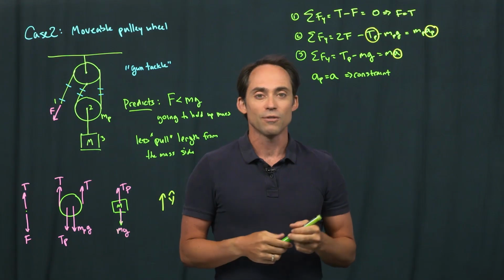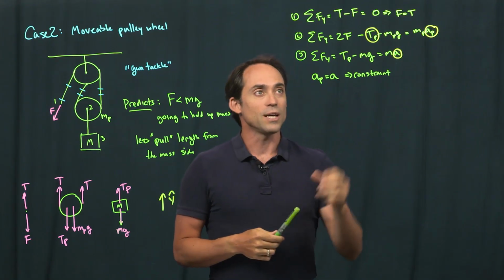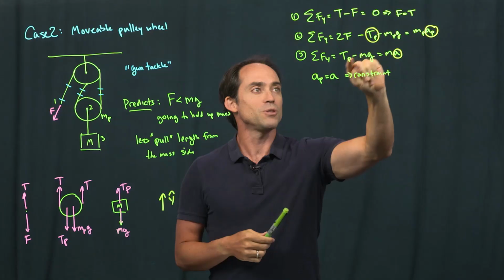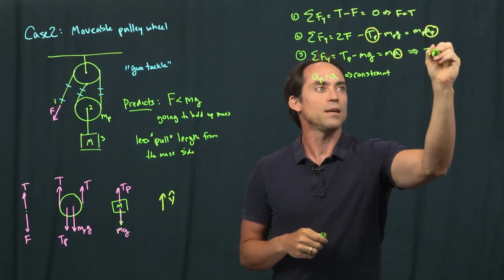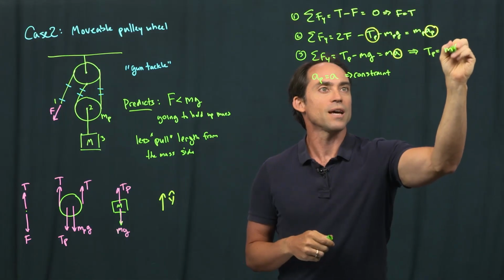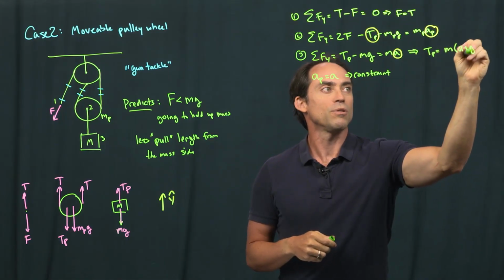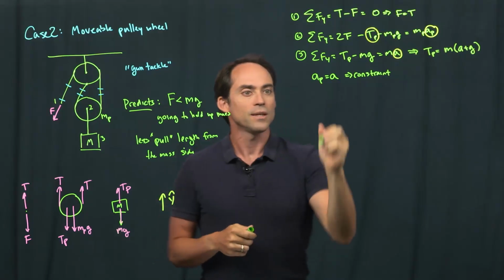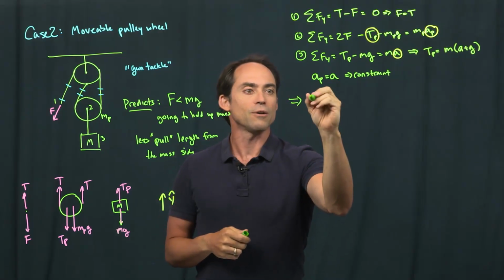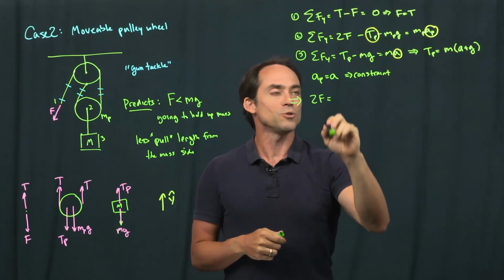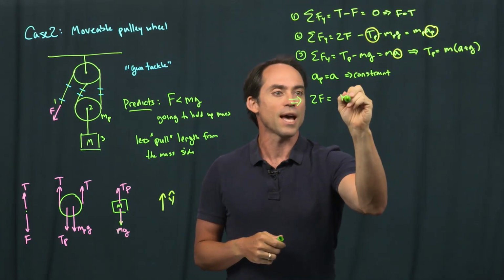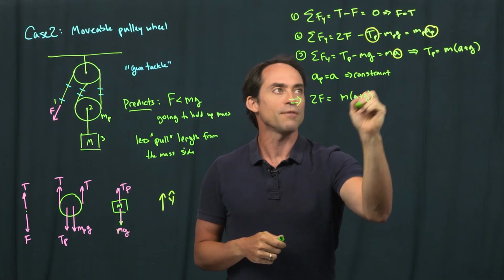So that allows us to cancel one of those unknowns, and we can now write down these equations fairly straightforwardly. What I'm going to do is write down this equation, but I'm going to substitute in my expression for TP. So let's write that in. TP is equal to mass times acceleration plus gravity. All right, so now we can write down 2F, and I'm going to actually move these things over. So 2F equals TP, but that's mass times (a plus g).